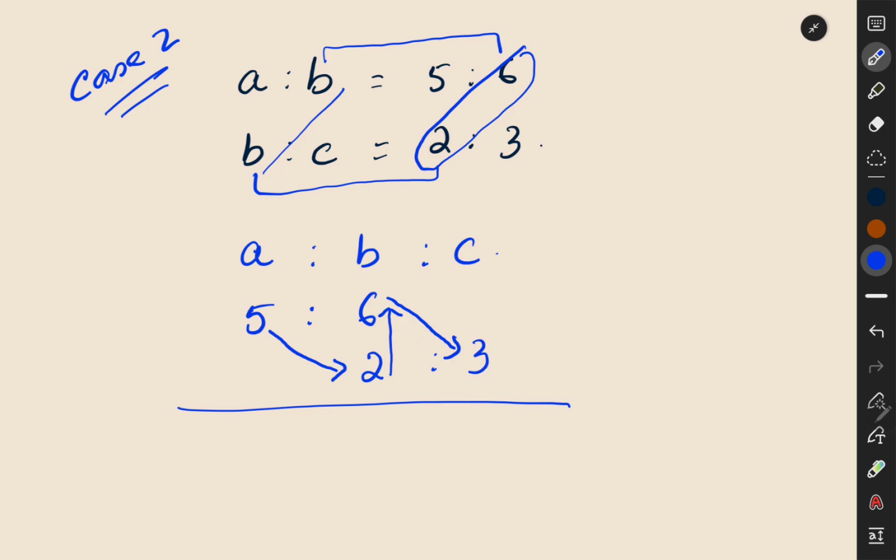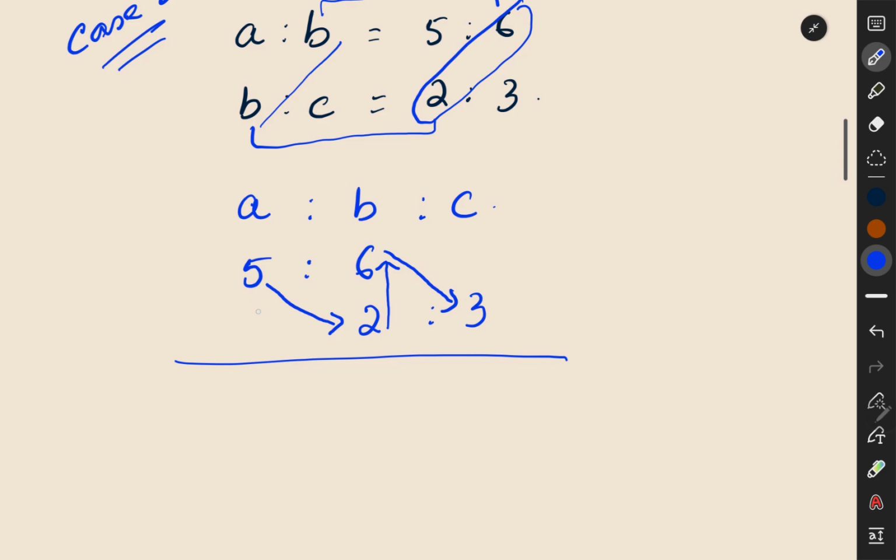Now to solve, we start from here. 5 multiply with 2, it gives 10. So we write 10 here. Next 2 multiply with this 6, it gives 12. We write 12 here. Then 6 multiply with 3, it gives 18, which we write here.